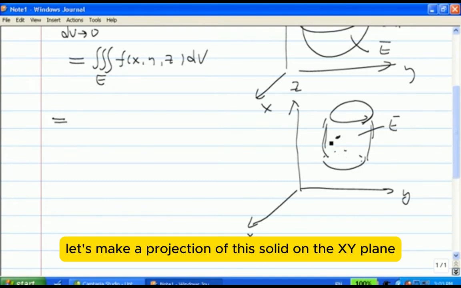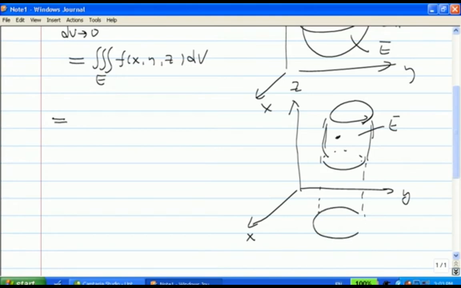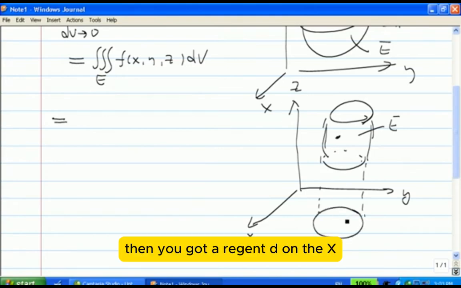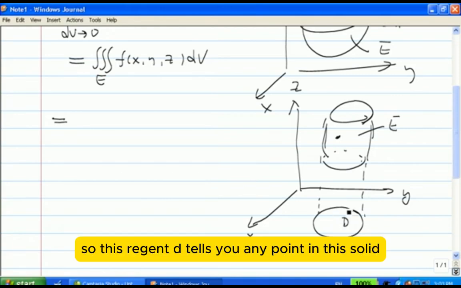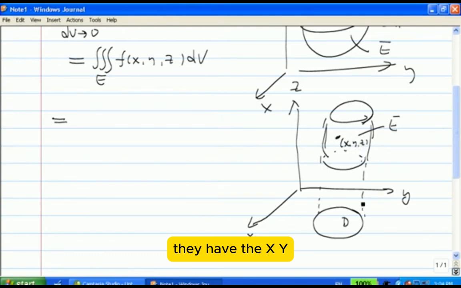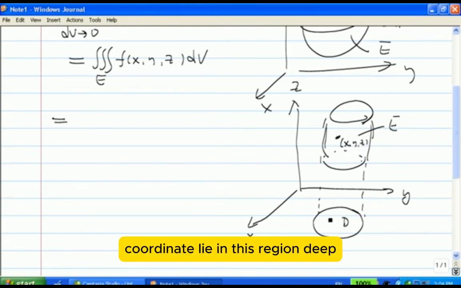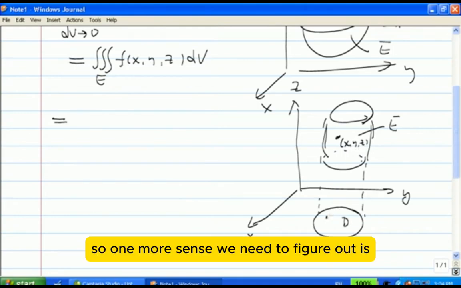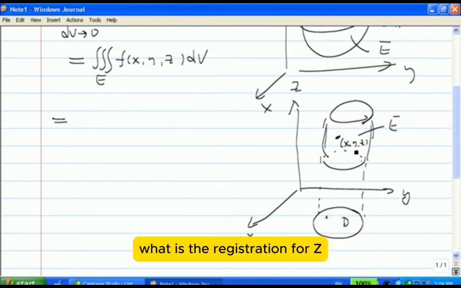Now let's make a projection of this solid on the xy plane. Then you get a region D on the xy plane. This region D tells you that any point in this solid has its xy coordinates lying in region D. One more thing we need to figure out is the restriction for z.